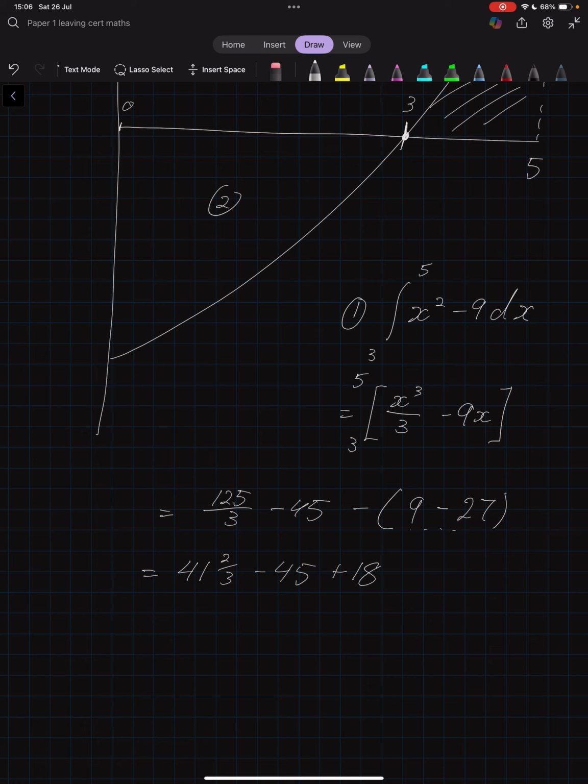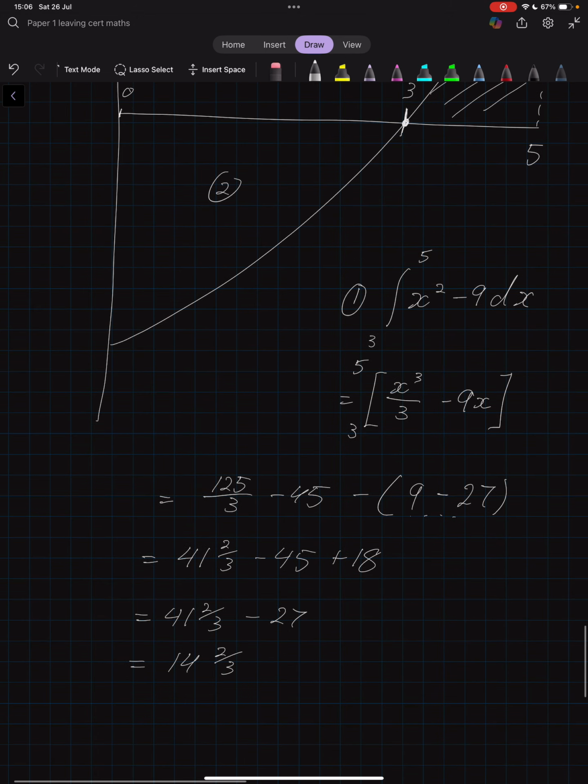So minus 45 plus 18 is minus 27. 41 and 2/3 minus 27 is going to be 14 and 2/3. So that's how much area, units squared, the first one is. Okay? So hopefully that's all right.